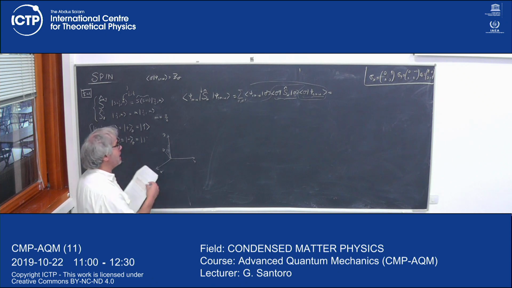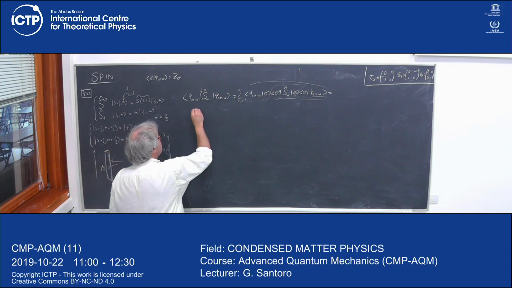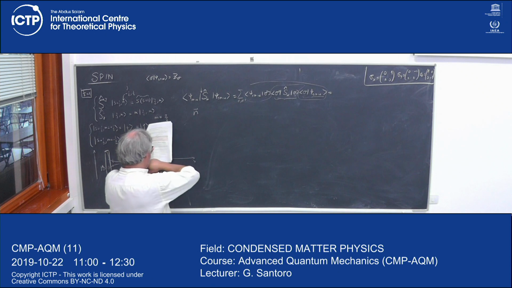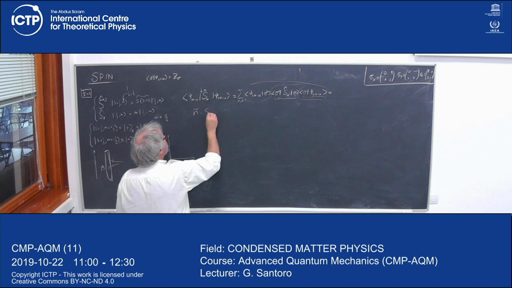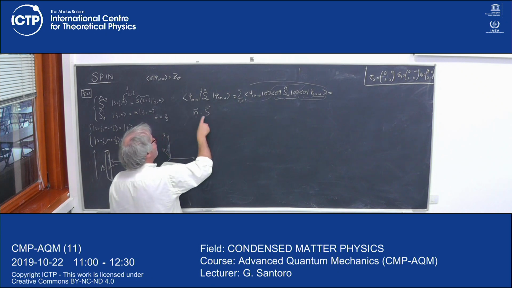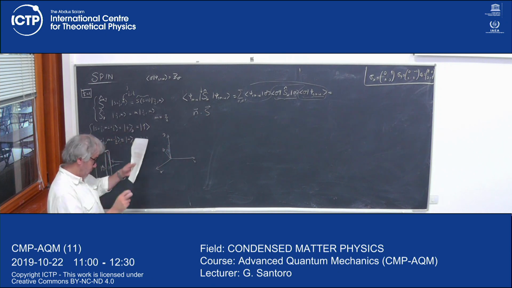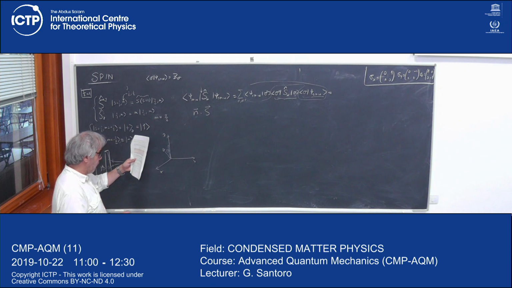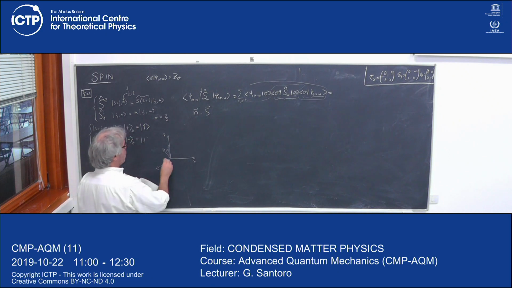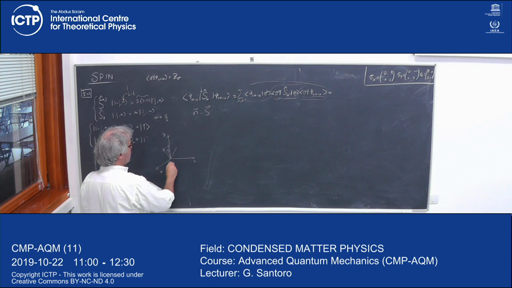Let me do it slightly more in general. Let's consider the following object, n dot sigma. n is a vector in space, actually a unit vector in space. Therefore, you give it to me if you tell me theta and, in general, phi.